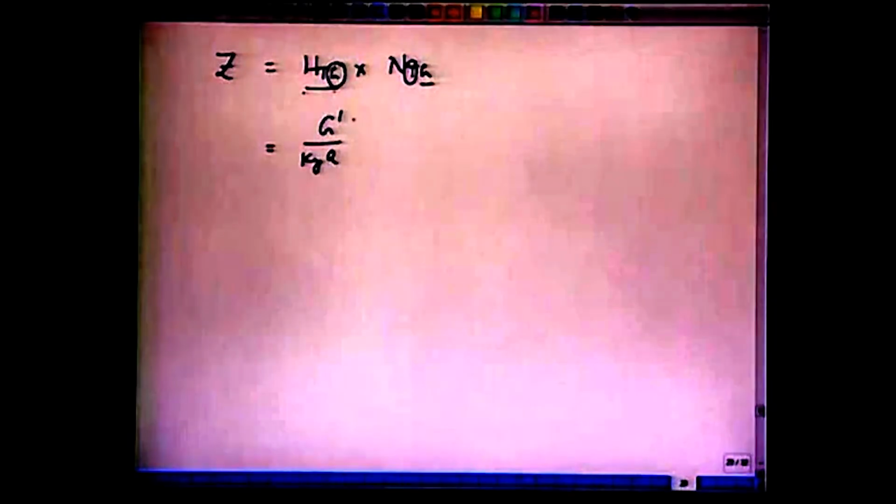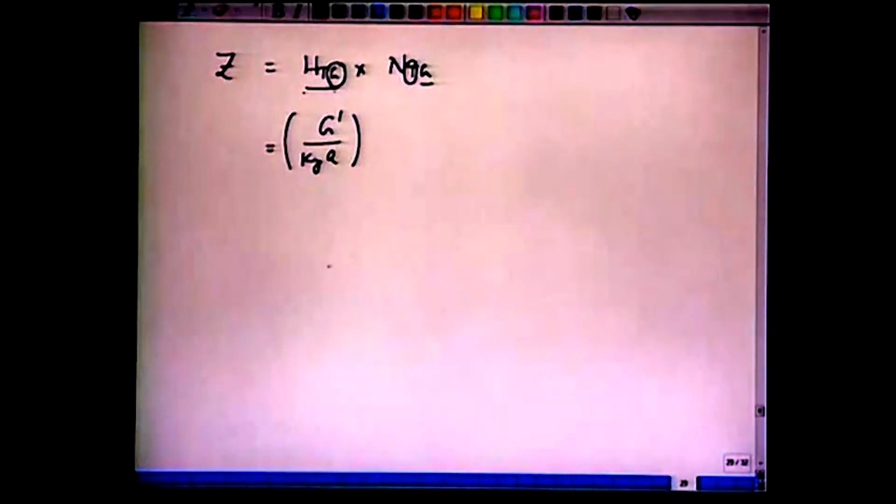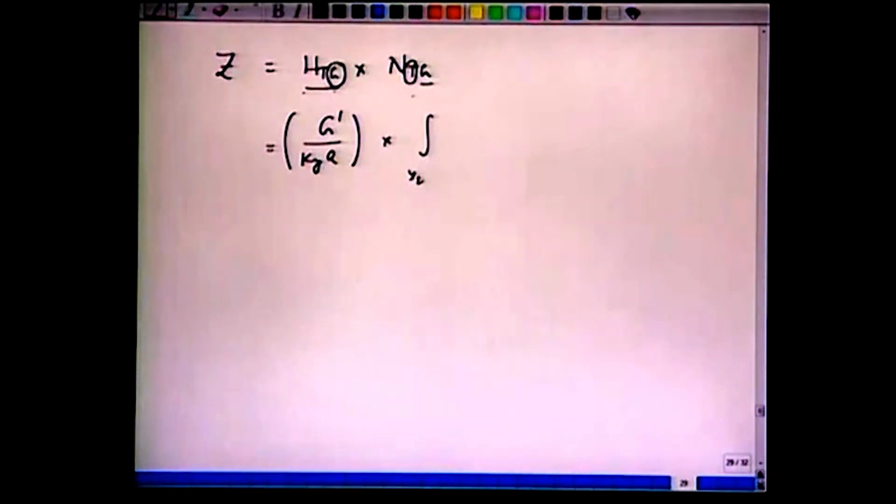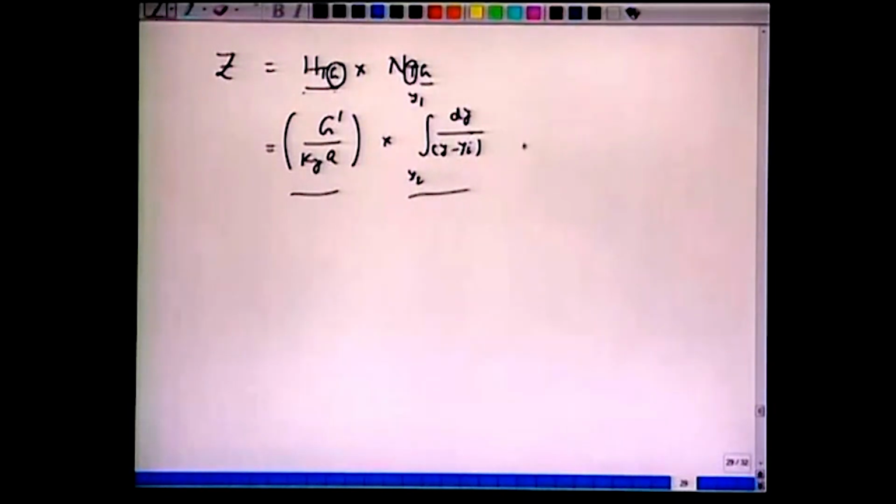HTG is G prime over ky a, since 1 minus yi is approximately 1, and NTG is the integral from y2 to y1 of dy over y minus yi. So, now we have the quantity for NTG. Based on this, we can get the height of this column in meters.